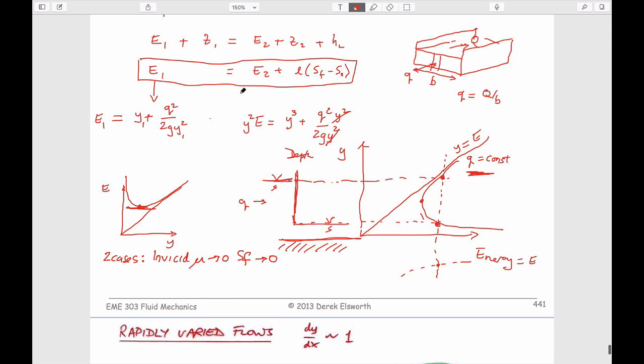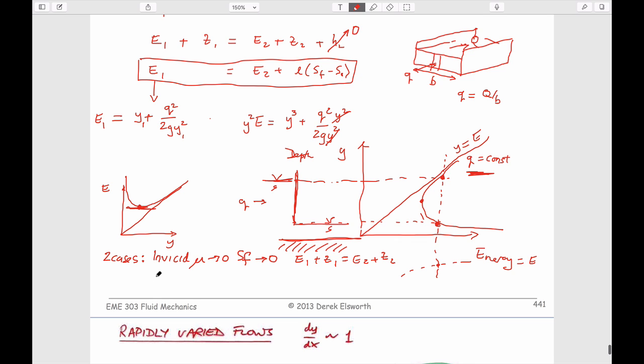In that case, we can write the expression for the energy being constant between upstream and downstream. This term would disappear, and we'd be left with E1 plus Z1 equals E2 plus Z2. And that's one of the cases we're dealing with.